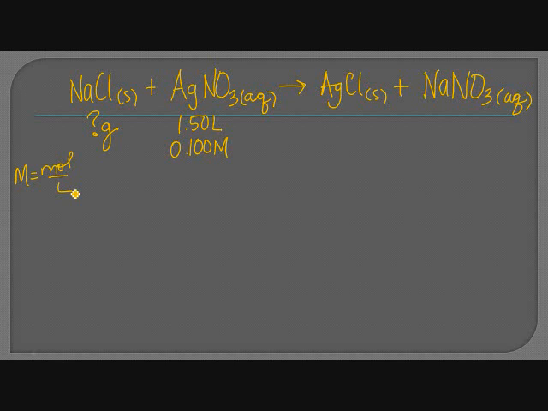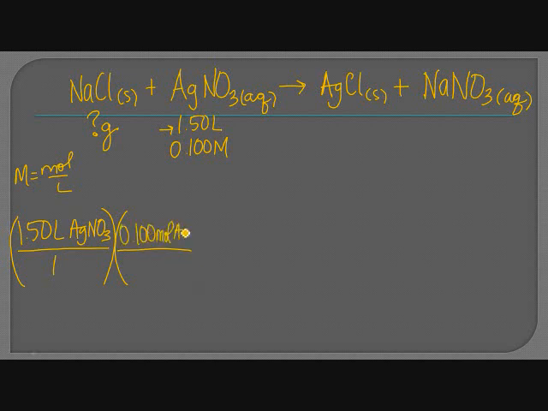But I like parentheses, so I'm going to start with my volume of the silver nitrate, and then multiply by the molarity, which is moles over liters, so 0.1 moles of silver nitrate over 1 liter of silver nitrate. So see how I'm getting rid of liters of silver nitrate there?